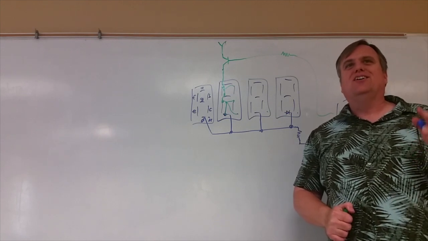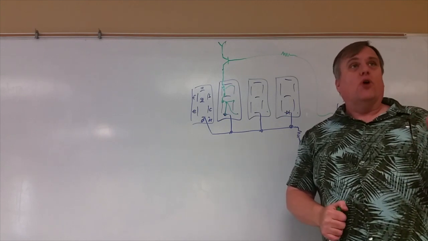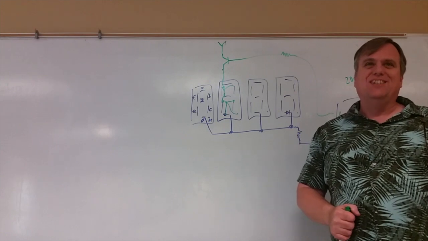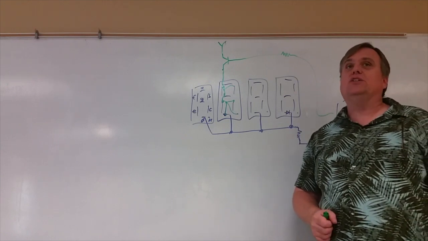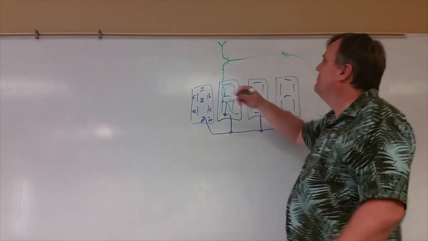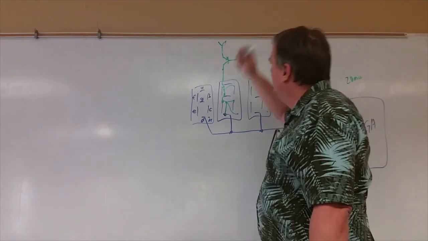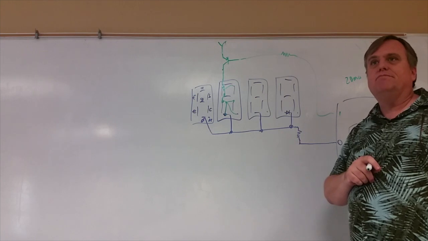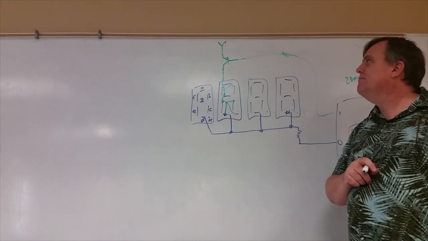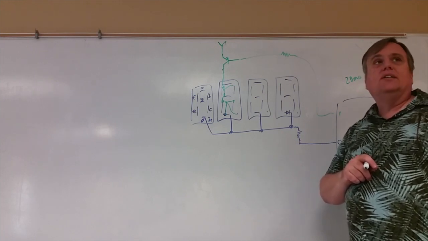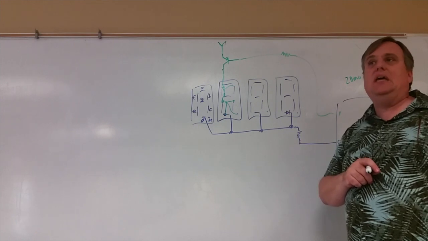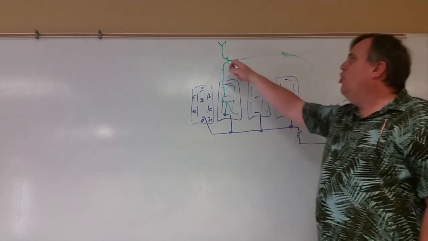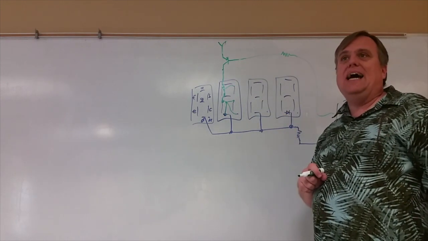NPN does ground. Think there's more N, so it's negative, right? PNP switches power. So I want a PNP, right? Now, since I want a PNP, to open this switch, what has to happen?